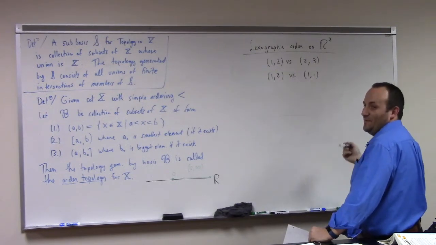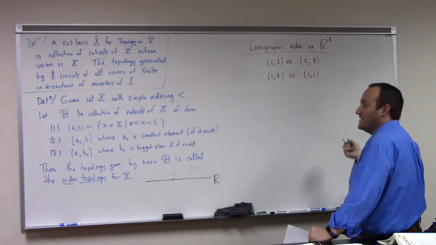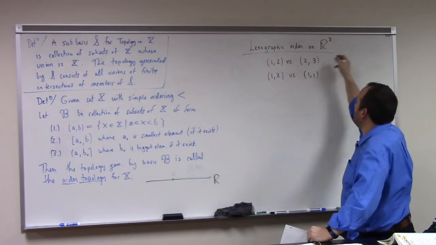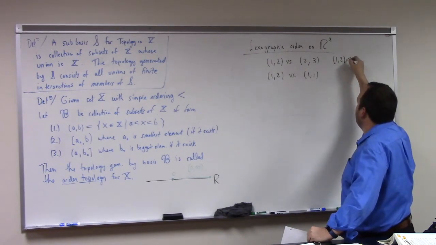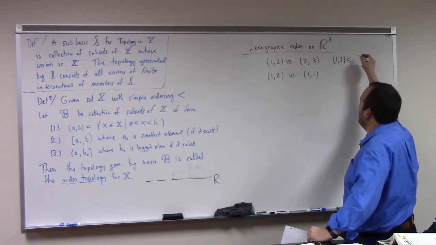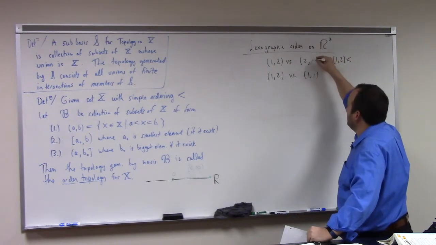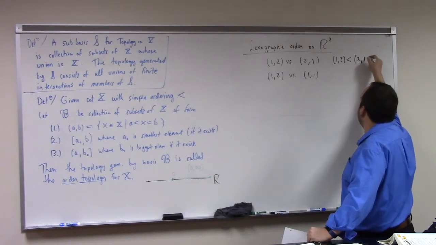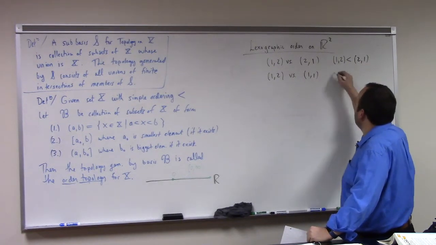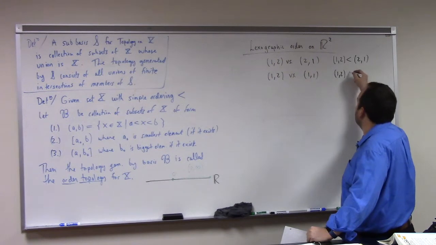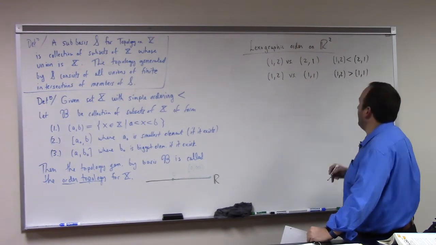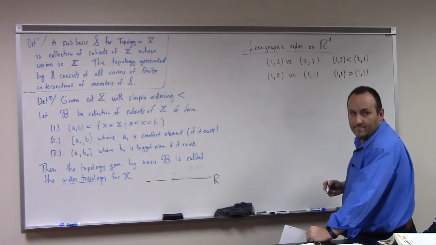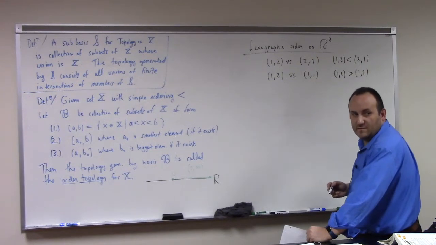I'll tell you these two, and then you can tell me the next. So 1, 2 is less than, I really should make this 2, 1 for maximum effect, so 1, 2 is less than 2, 1. However, 1, 2 is greater than 1, 1. It's like alphabetic ordering, but with numbers.